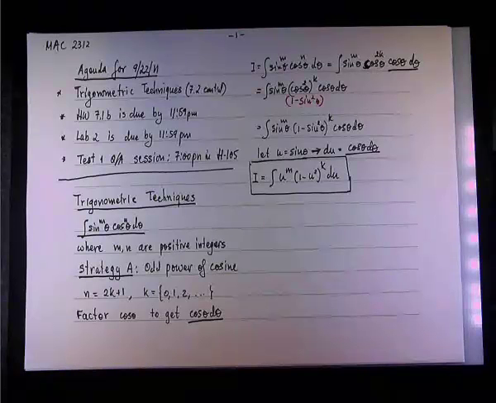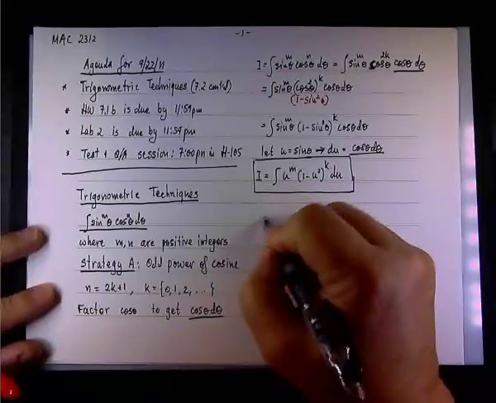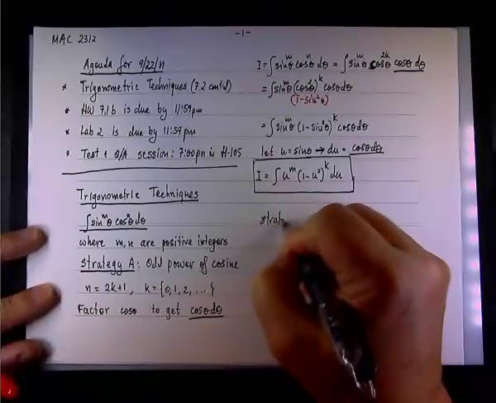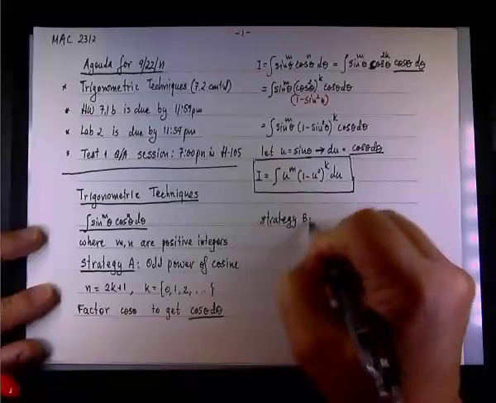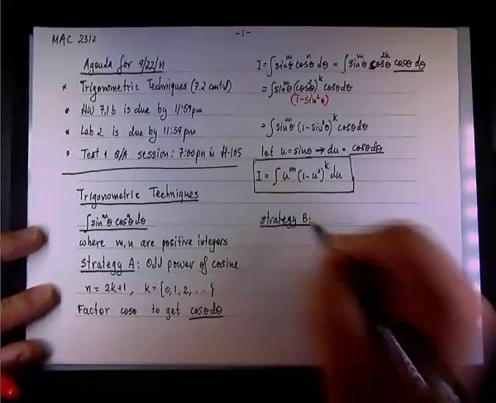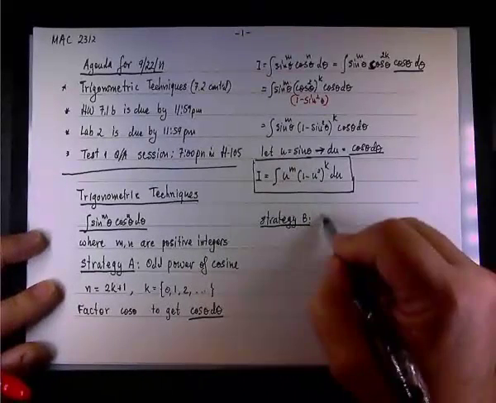So the next strategy, call it strategy B. We are now going to look at odd powers of the sine.